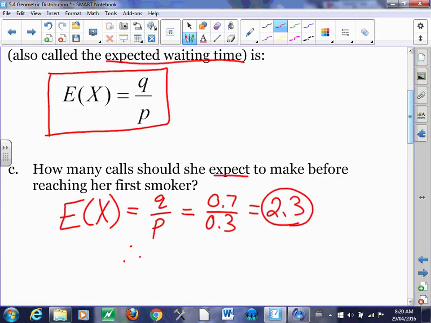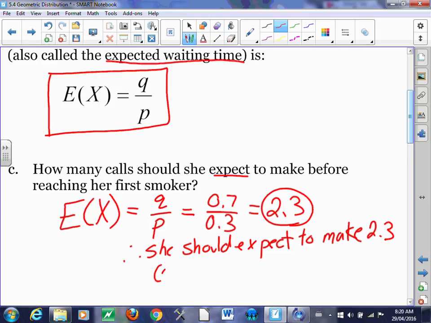So therefore, she should expect to make 2.3 calls. I know you can't make 0.3 calls, so you could say 2 or 3 calls before reaching a smoker. These are the number of failures, because X represents the number of failures here.